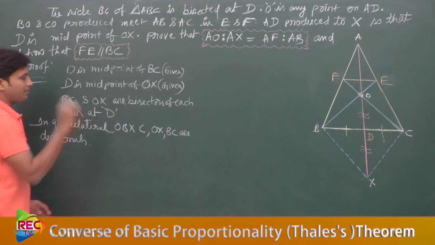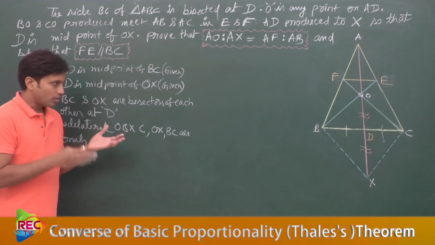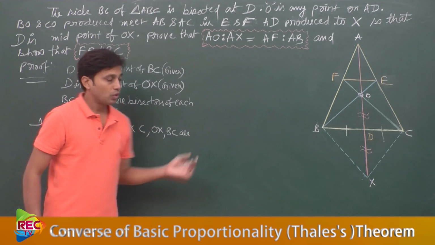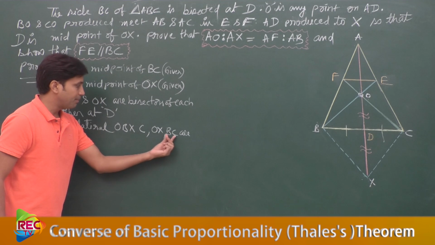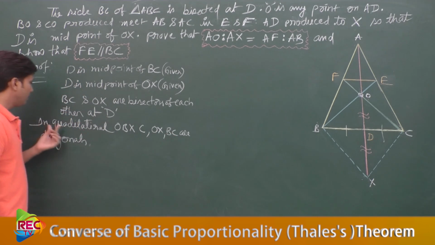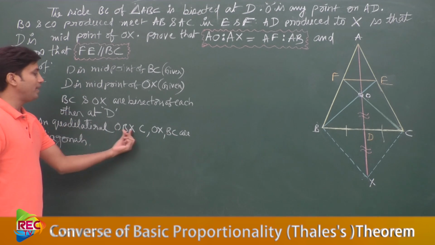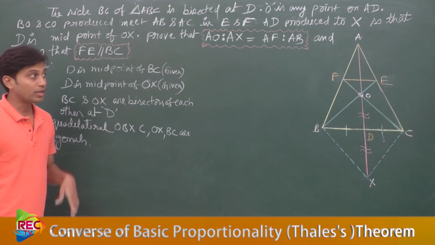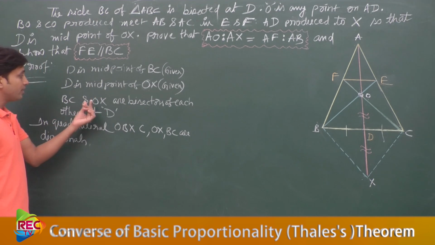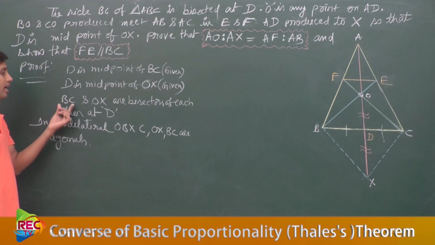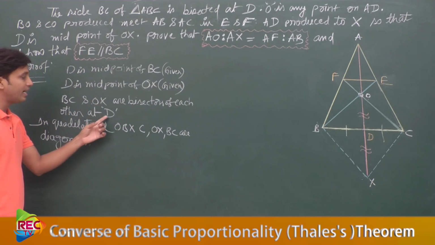Now OX and BC are diagonals of quadrilateral OBXC. Then already we got that OX and BC are bisectors of each other at point D.